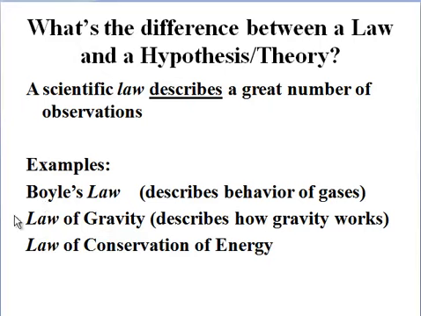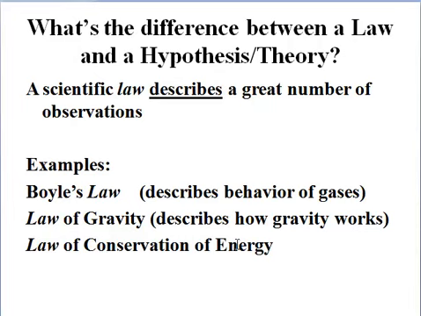The law of gravity describes how gravity works. It's often stated in words, what goes up must come down. This is again a description of a large number of observations about gravity. The law of conservation of energy says that the amount of energy is the same.